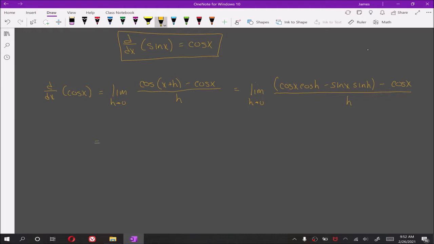Doing the same thing we did for sine, we will write this as two fractions. The first fraction will be cosine of x times cosine of h minus 1 all over h. The second fraction will be sine of x times sine of h all over h.